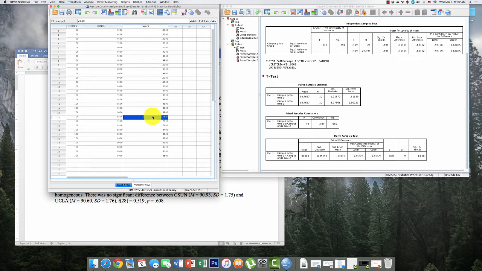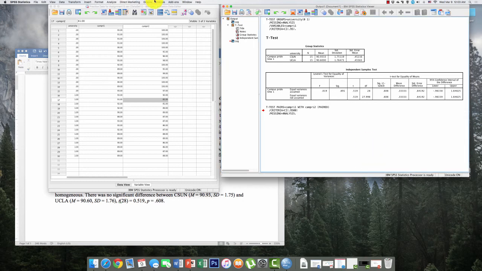So this is probably where I needed to make the change. 87. Okay, now it should work a lot more in my favor.